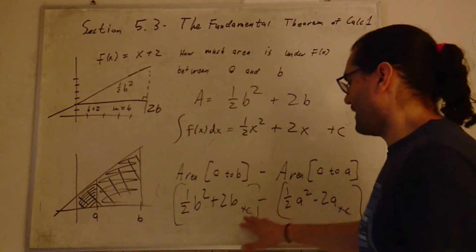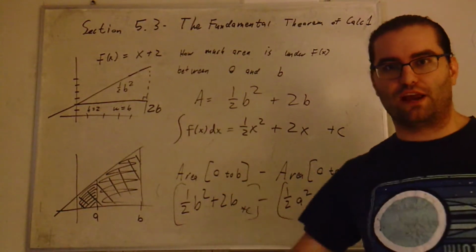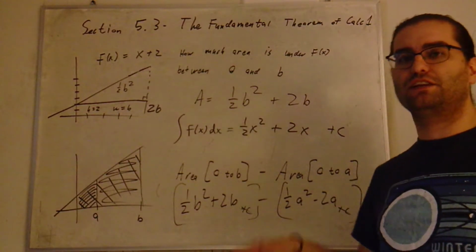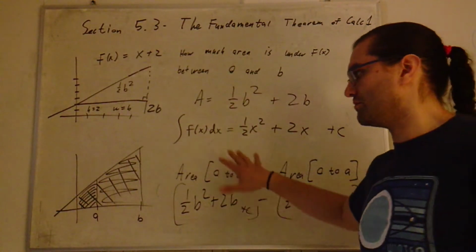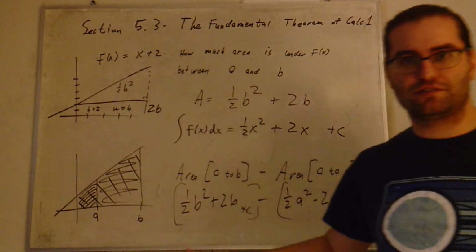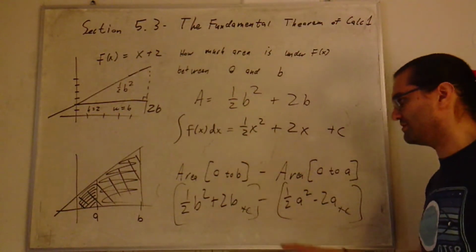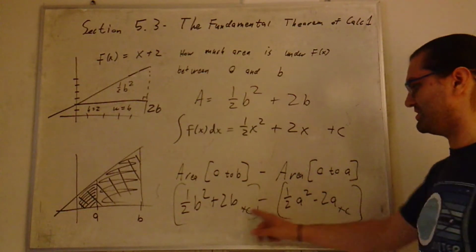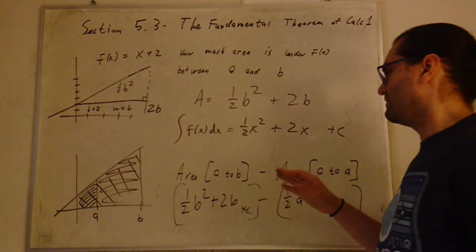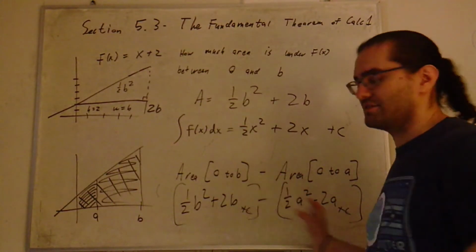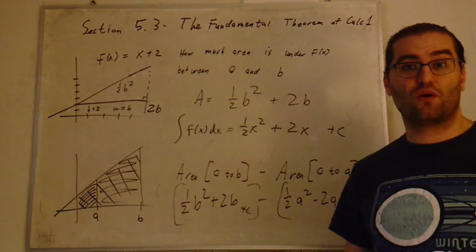So you don't have to add them when you're doing areas. If you're doing definite integrals by calculating antiderivatives and subtracting those things, you don't have to include the c's in those particular antiderivatives because they will cancel. Which I think is really cool.